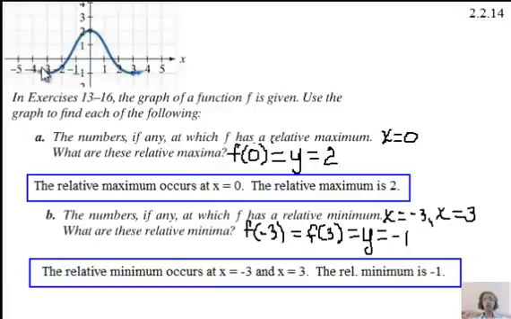Eventually, if we extend the function far enough, we'll have values that lie above y equal 2. So 2 is a relative maximum, but it's not an absolute maximum. Negative 1 is a relative minimum, and it's also an absolute minimum.